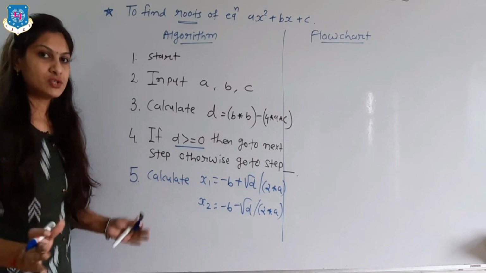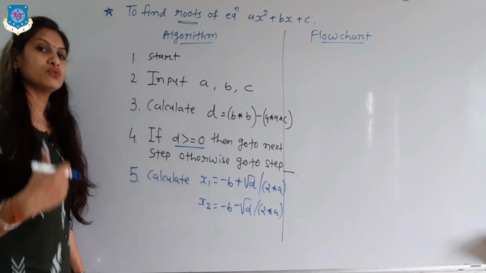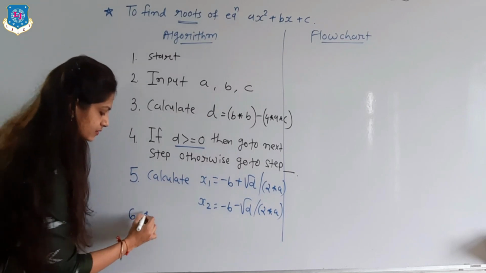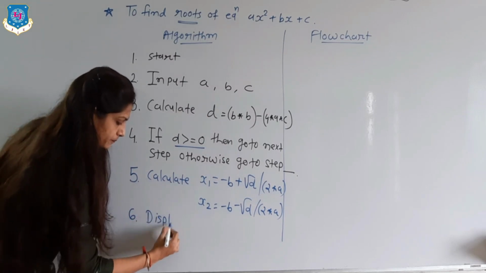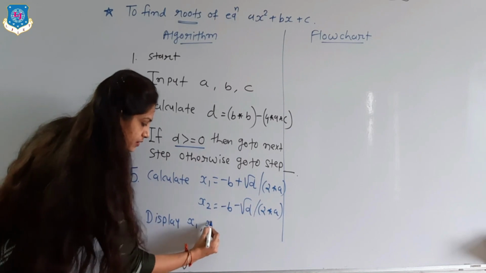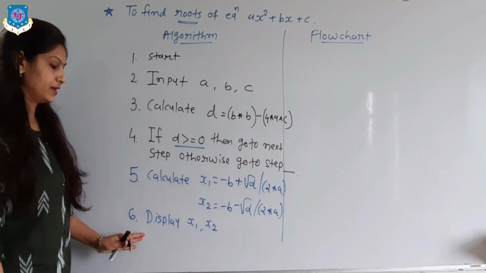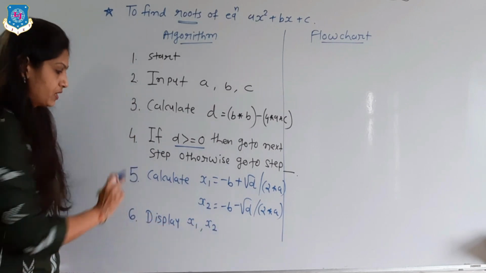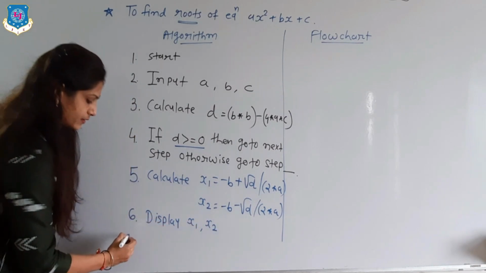That indicates we have two roots, and now we have to display as our output. So the sixth step is display x1, x2. You can write here also display roots equals x1 comma x2. So the true part is completed.